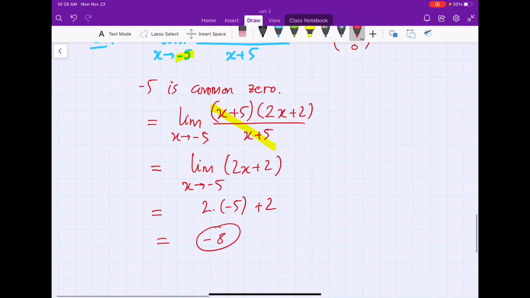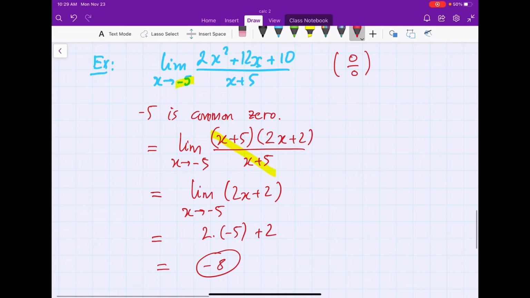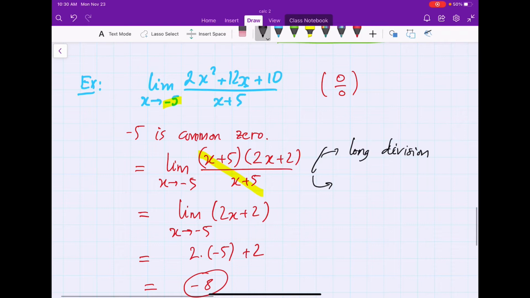That's the final answer. So I think you might meet difficulty in here, right? When you factor. But again, you might use long division, whatever you want. Or you might do a technique like this, right? If you have a quadratic function, you just take x plus 5 out, and then you consider terms from the highest to the smallest. Here you have 2x squared, so here you already have x.